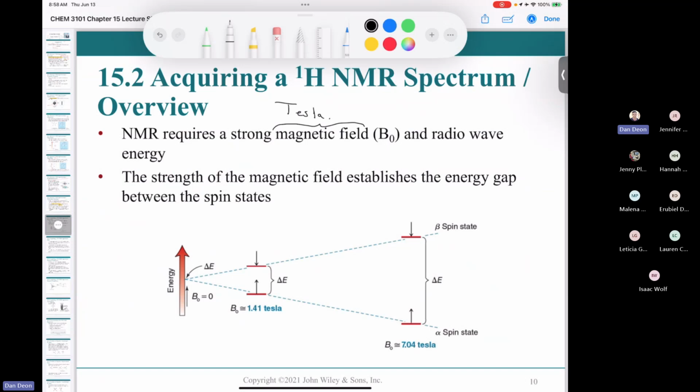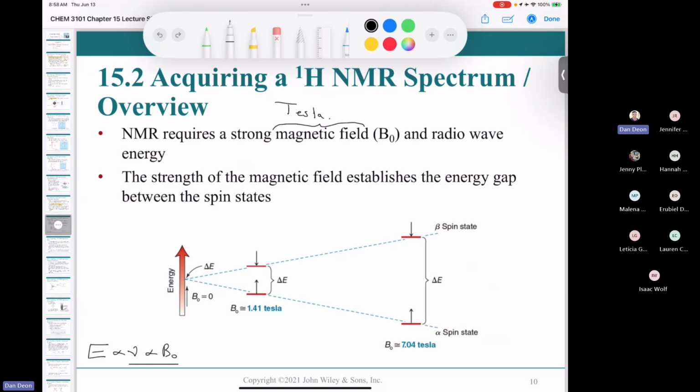And remember, I said, and this is probably the 5th time I've said this today, that energy is directly proportional to frequency, which is directly proportional to magnetic field strength. So if frequency and magnetic field strength are directly proportional, the consequence of that is, we don't ever describe our magnet in terms of its magnetic field strength. We don't describe our spectrometers that way.